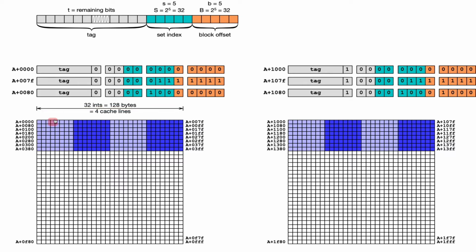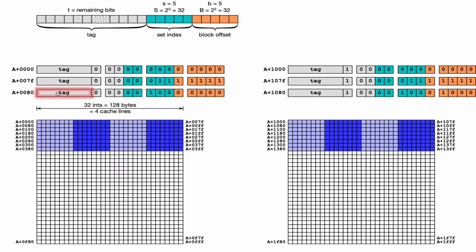If this is the 0th entry in the cache and we're going across in row major order, this is going to be the 1th entry, the 2th entry, and the 3rd entry, which corresponds to these cache offset bits. Finally, let's take a look at where cache entry 8 begins, where the address at offset hex 80 begins. That's just the beginning of this second line.